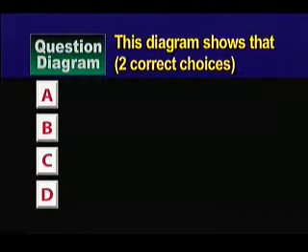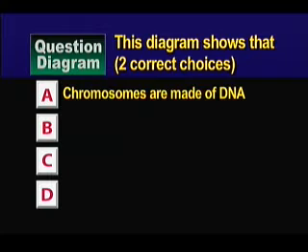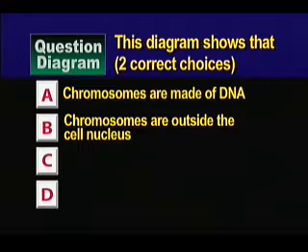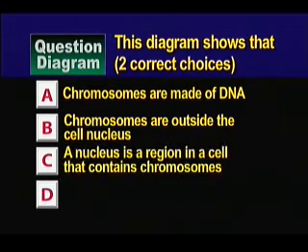This diagram shows that 2 are correct. A. Chromosomes are made up of long coils of DNA. B. Chromosomes are located outside the cell nucleus. C. A nucleus is a region within a cell that contains chromosomes.